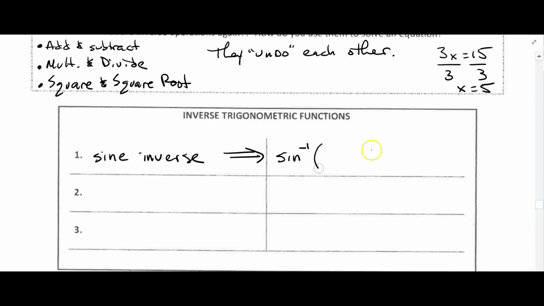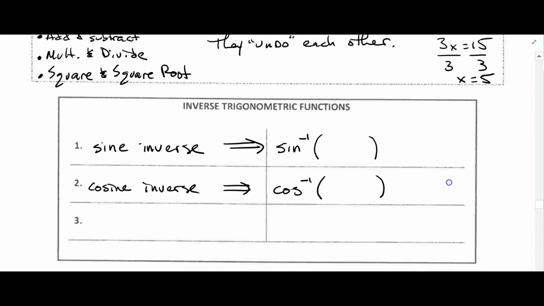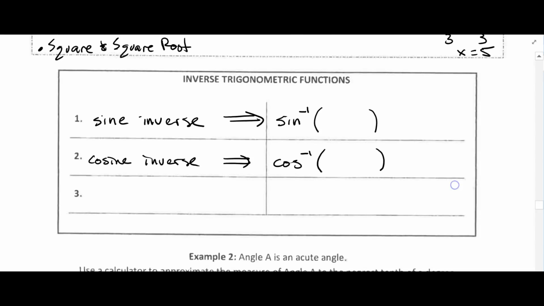So we'll have the sine inverse of something, and that will undo a sine. Or we'll have cosine inverse. Again, we write this as cosine to the negative 1 of some expression, and we'll look at that in the next video. Or you probably guessed it, tangent inverse, which we will write as tan to the -1. Again, we say tan inverse, so get used to that.